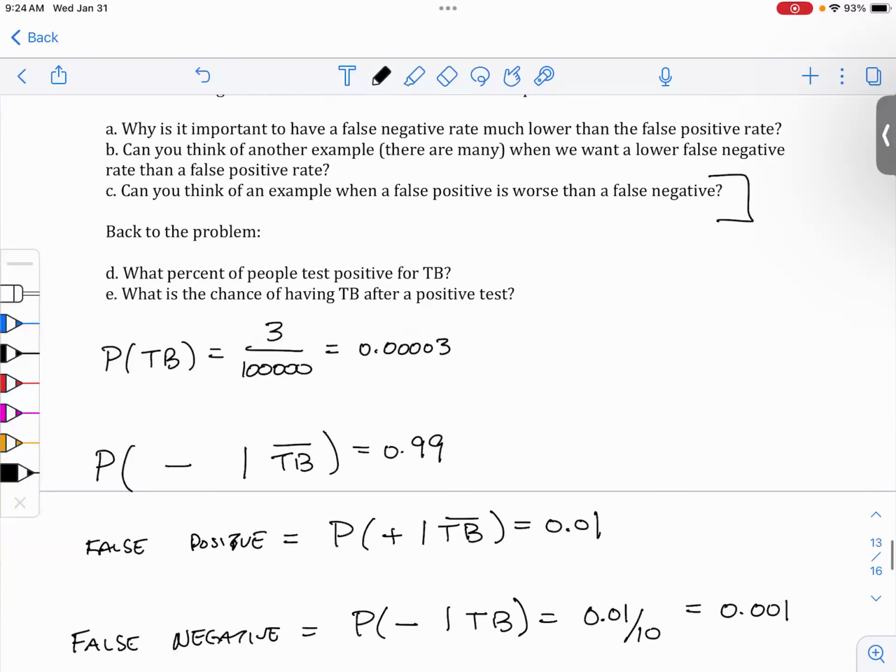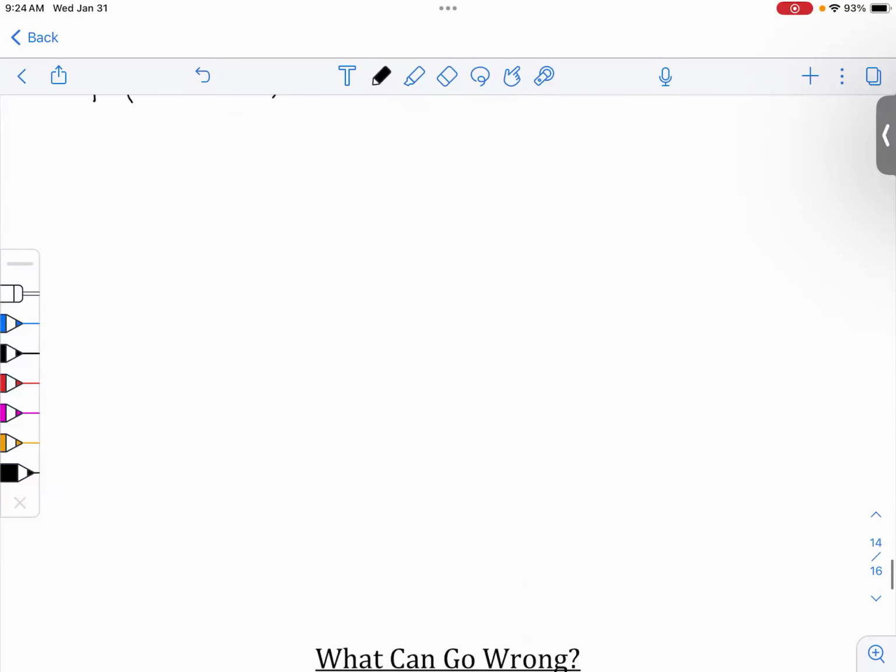All right. And lastly, what is the chance of having TB after a positive test result? That means, again, that is a conditional. Notice it doesn't say assume or suppose or any of that. Chance of having TB after a positive test result. That means the positive test result came first. That is the given piece.